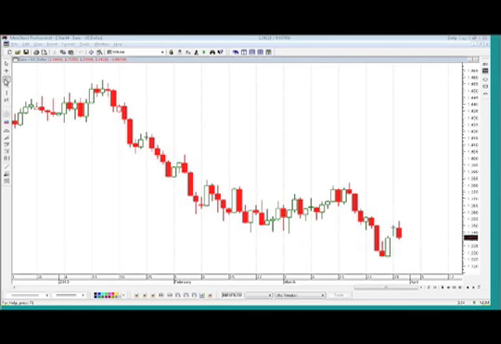So right now, what we're looking at is a chart of the Euro USD exchange rate. So this is the dollar versus the euro. Right now, it costs $1.341 to buy a euro. And as the dollar gets stronger against the euro, this exchange rate will drop, which it has been lately.